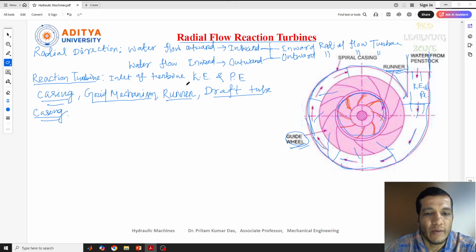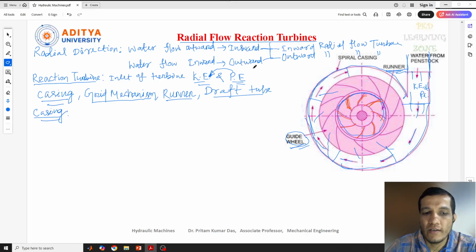In the reaction turbine, as I told you, kinetic energy as well as pressure energy both have an impact on the entry level of this inlet. When the water flows through the runner, the pressure energy is continuously going to change to kinetic energy.